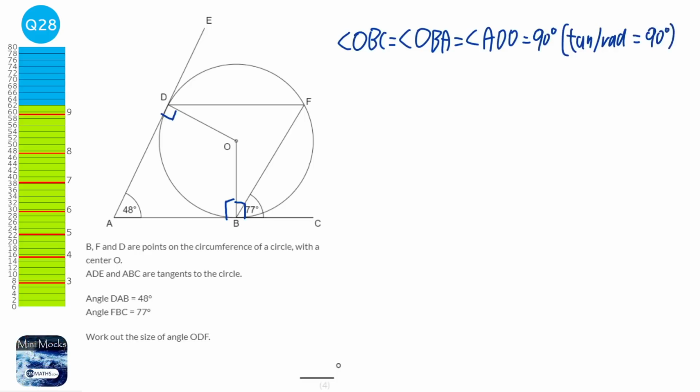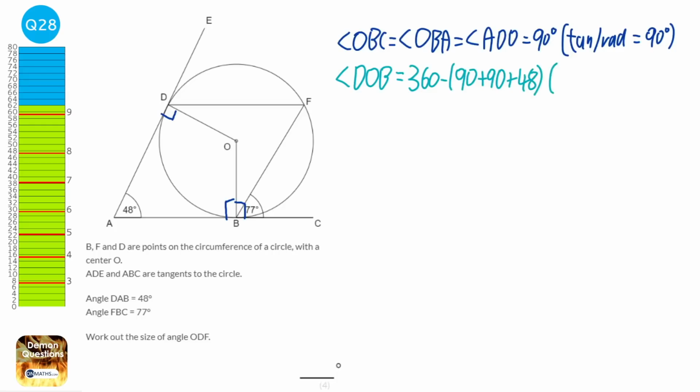I'm going to just keep it a little bit contained, just so I can fit this answer all on the same slide. Okay, so the first thing I'm realizing is that there's a nice little quadrilateral here. And whenever we've got a quadrilateral and we've got three of the sides, we can work out the last one. So angle DOB is going to be 360, take away the angles that we know, so 90 plus 90 plus 48.